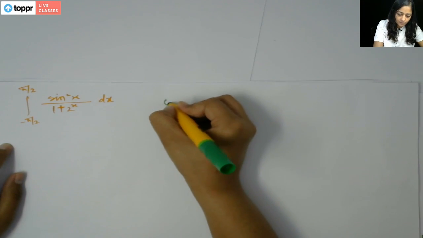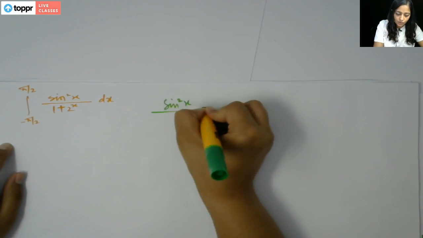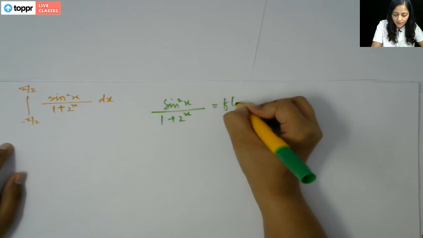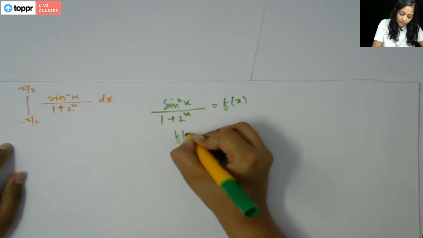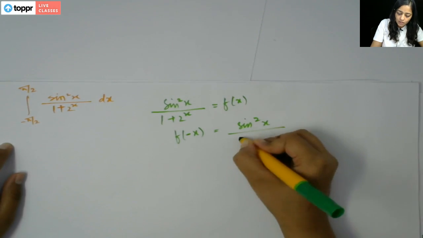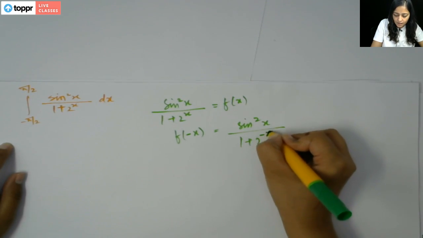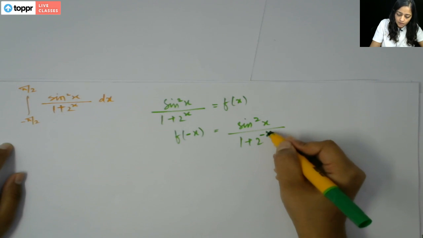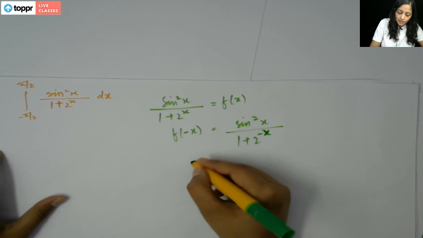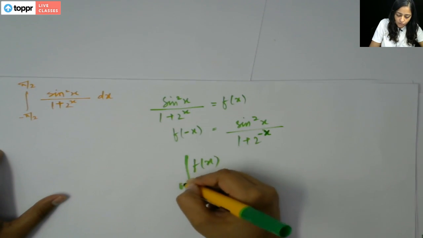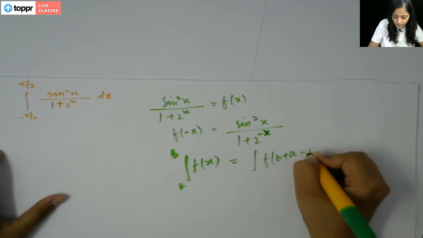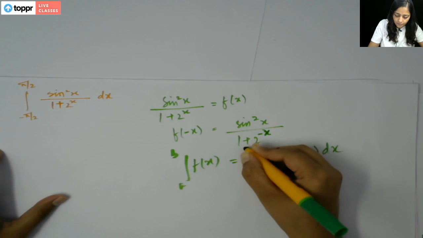In this question, we are given sine square x divided by 1 plus 2 raised to the power x. Let's say this is f of x. Let's calculate f of minus x. It would be sine square x divided by 1 plus 2 raised to the power minus x. And we know that the integral of f of x from a to b is always equal to the integral of f of a plus b minus x dx from a to b.